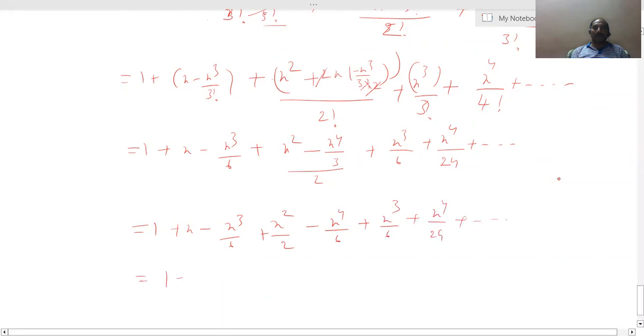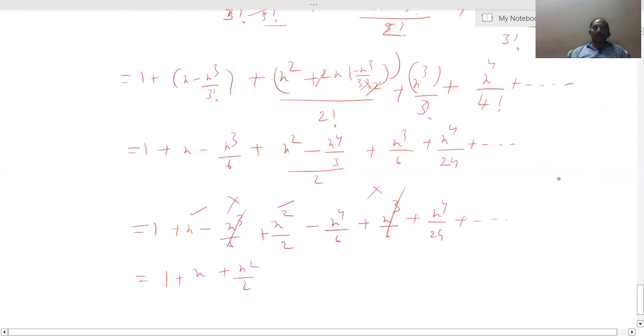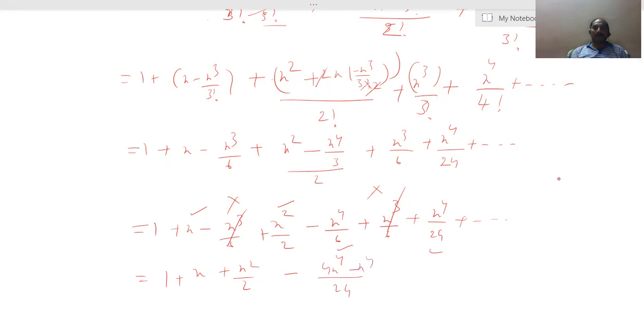equal to 1 plus, we have only one x square term. Then x cube terms, we have 2 x cube terms, but one is positive, one is negative, so they cancel out. For x power 4 terms we have to take LCM 24, 4x power 4 minus x power 4, plus and so on.